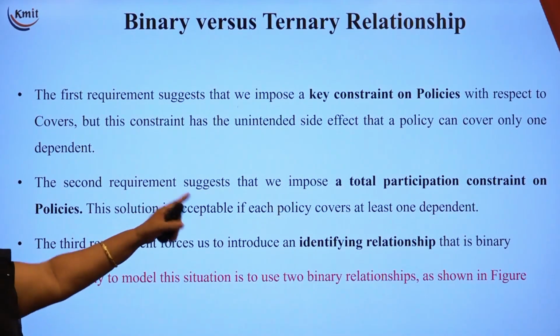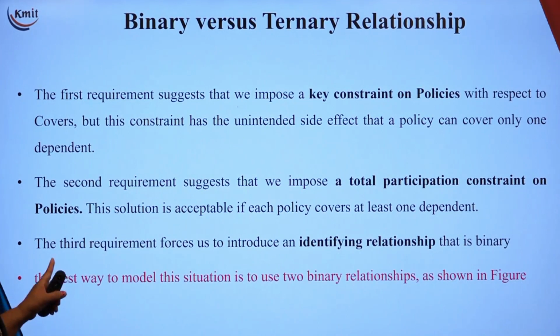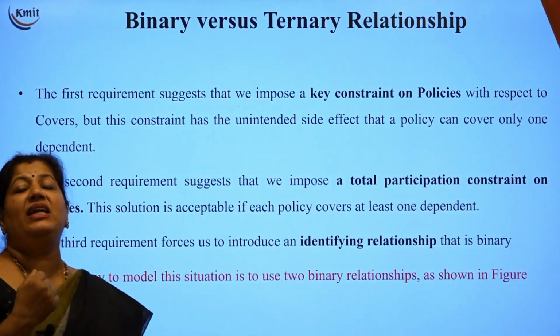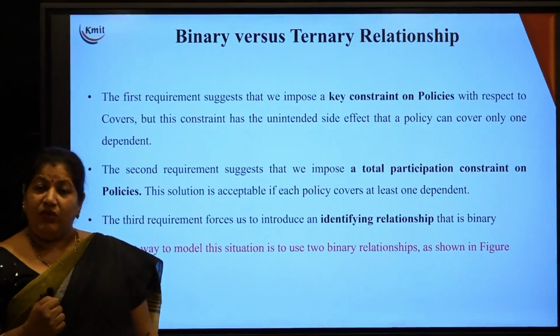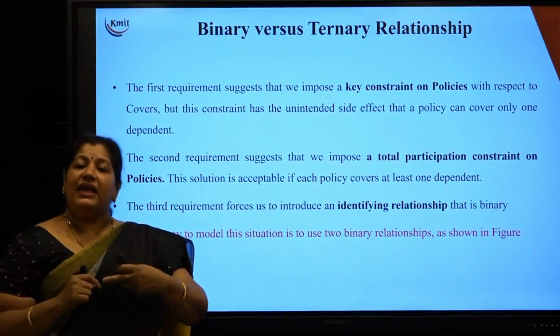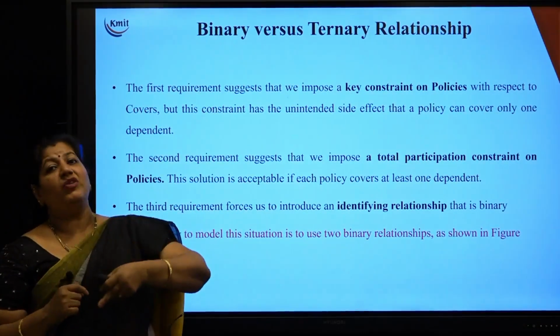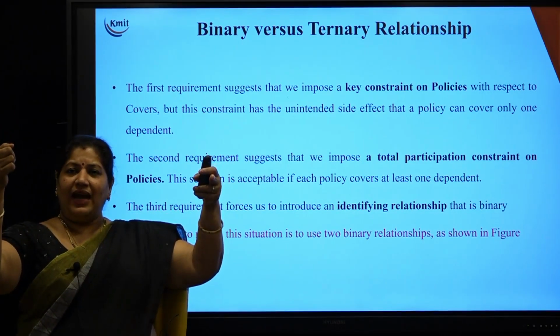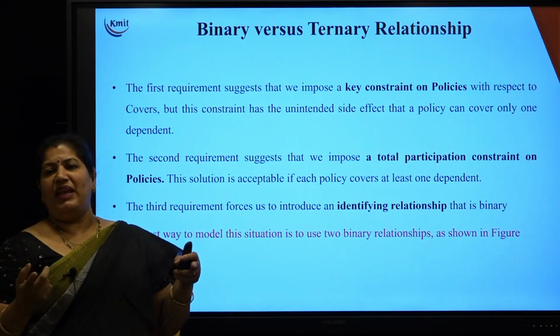The third requirement forces us to introduce an identifying relationship. We say which dependent is going to get benefited from which policy, who is the employee who is sponsoring that, and which policy is going to benefit that.